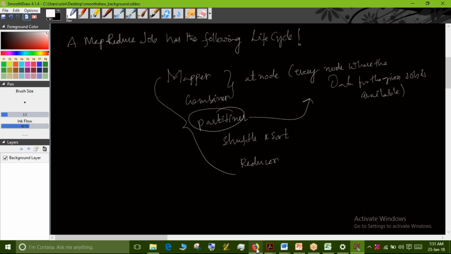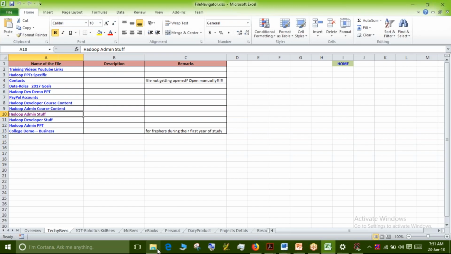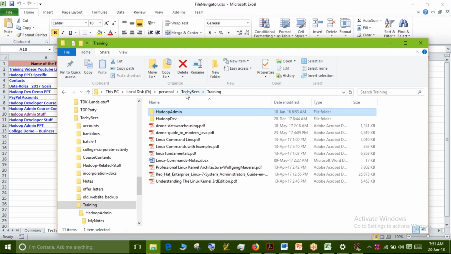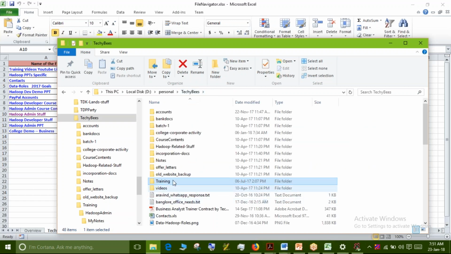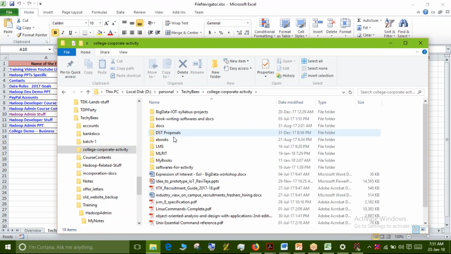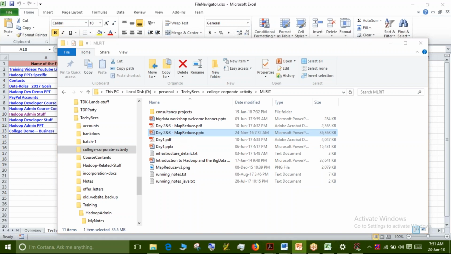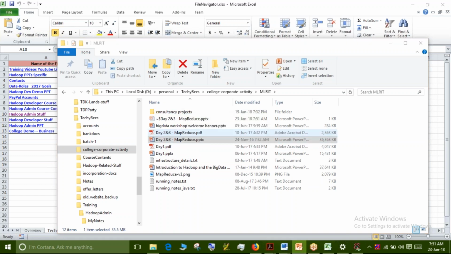Let me also give you the clarity of this, and here we see about this. It is good that we see the MapReduce part, because a lot of things are linked with MapReduce.